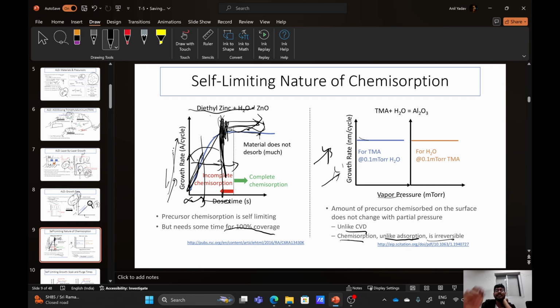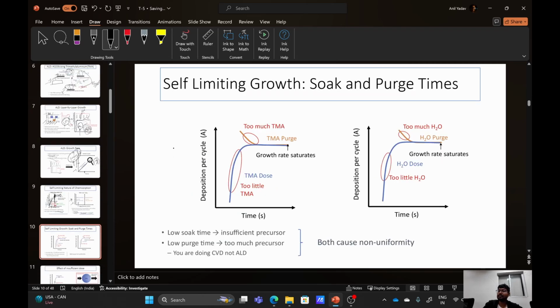So during the purge time it is not getting removed, because it is chemically attached to the substrate. This is the same thing: deposition per cycle, or mass gain per cycle, versus the dosage time. You should always be in this regime.